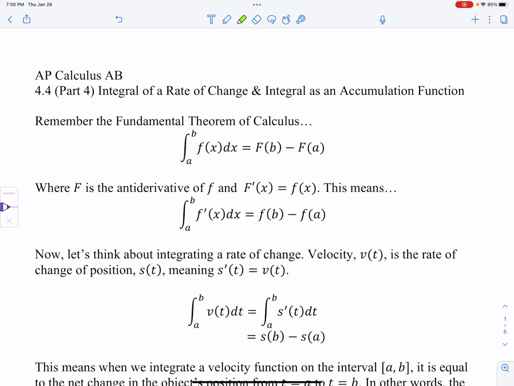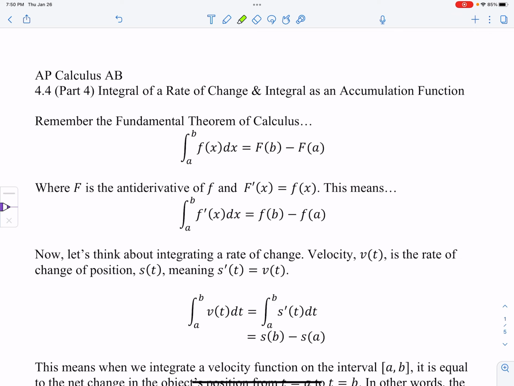The rate of change of an object's position is known as velocity, and we'll use v of t to represent velocity. It's common to use s, though we could use x of t or whatever function name we want to represent the position function, but s of t is common. So s prime of t is equal to v of t.